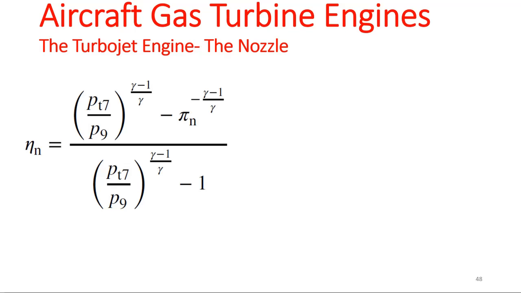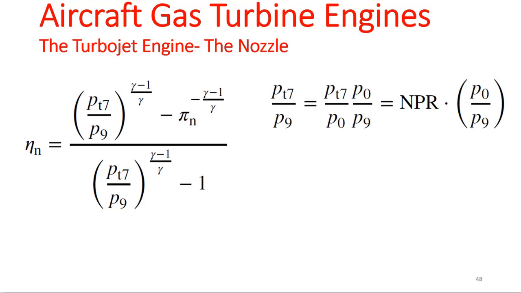And we can also play with the PT7 over PT9 a little bit. Multiply and divide it by a P0. What we're going to get is PT7 divided by P0 multiplied by P0 divided by P9. So PT7 over P0 was the definition of the NPR, the nozzle pressure ratio. Keep in mind that there's a difference between NPR and pi of n.